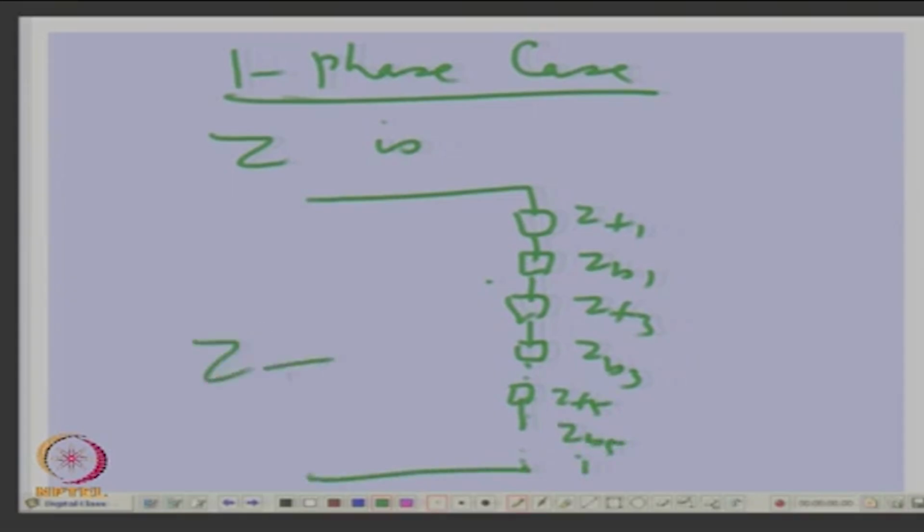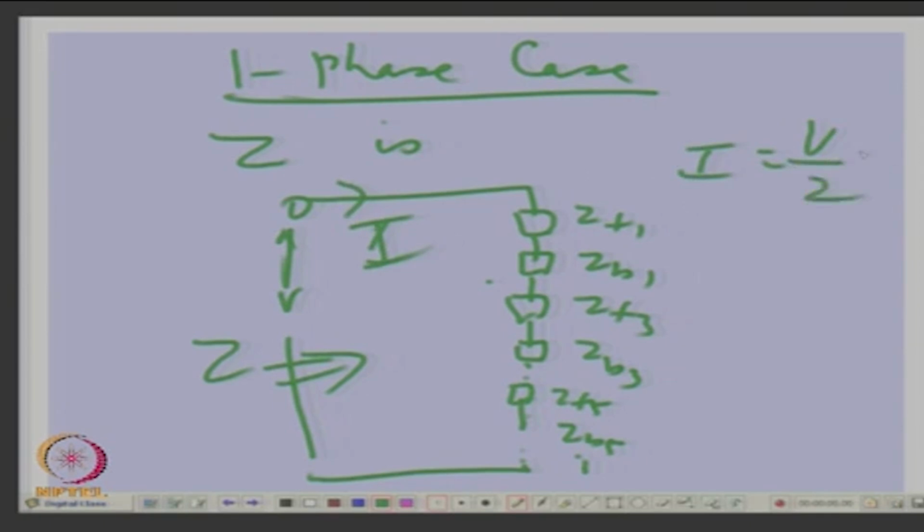So, this will be your Z. If you apply a voltage and it will pass a current, so that I will be equal to V by Z. So, if you have a single phase case, it considers all harmonics, right.